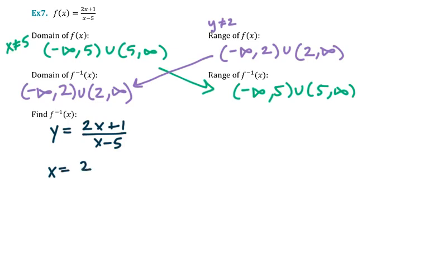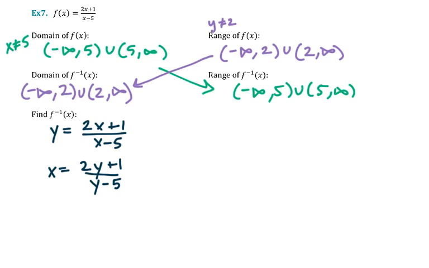So x equals 2y plus 1 over y minus 5. So this is where students get really stumped because it's hard to discern how we're supposed to isolate y, especially because we have two y values in this problem.